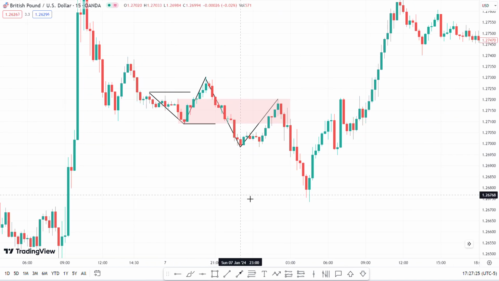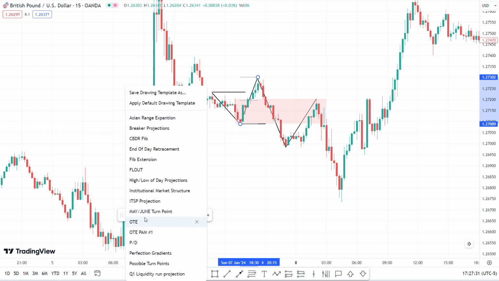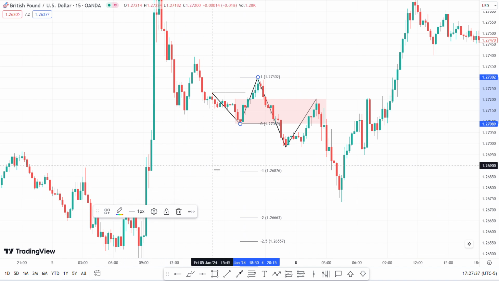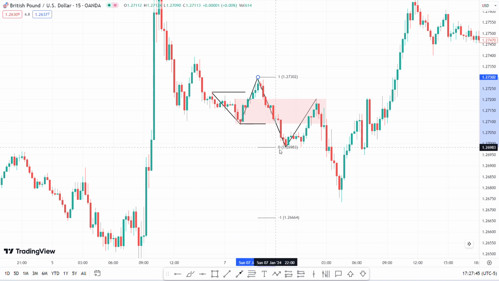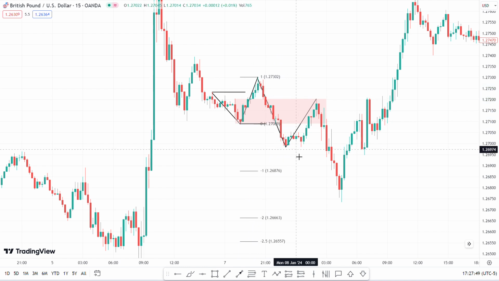There will be a selling area, and this will be rejection. This will be a target.